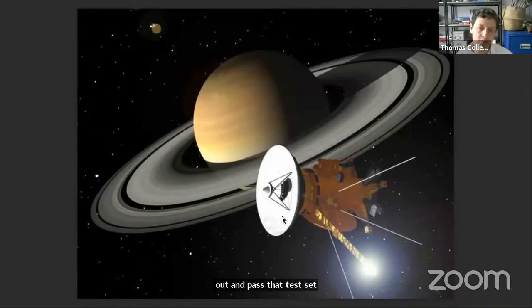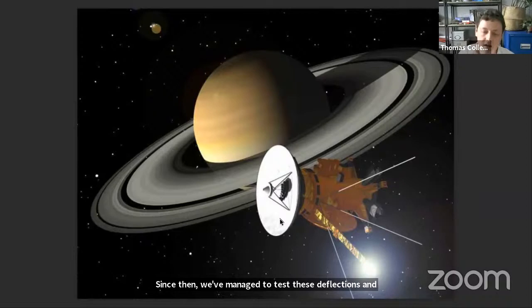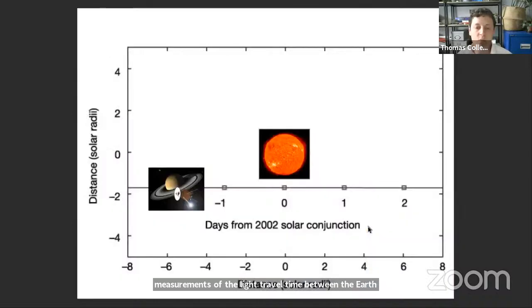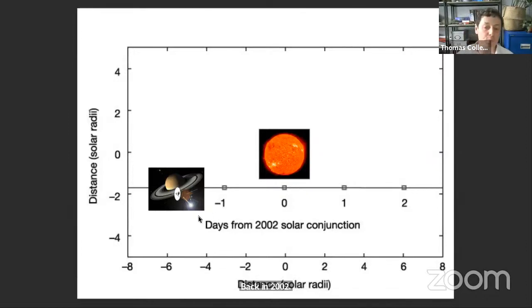Since then, we've managed to test these deflections and similar effects of general relativity in the solar system to really incredible precision. So the most precise measurement of the validation of general relativity comes from the Cassini probe, and measurements of the light travel time between the Earth and Cassini when it was orbiting Saturn back in 2002, when the Earth, the Sun, and Saturn were almost perfectly in a line in a conjunction.